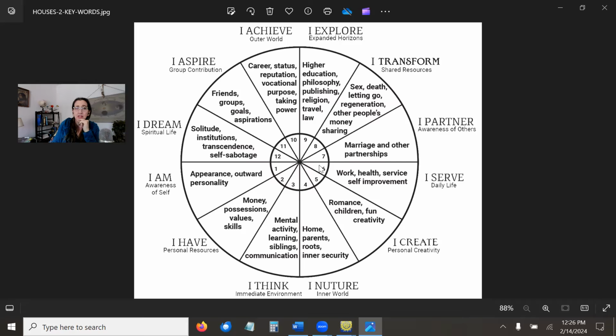Fifth house, our creativity, children, romance, fun, passion. Sixth house, our work, our health, our service, self-improvement, our habits, our patterns. Seventh house, the partnerships, marriage, any other partnership, business, close. This is where your good friendships are. Your acquaintances are in the 11th house.